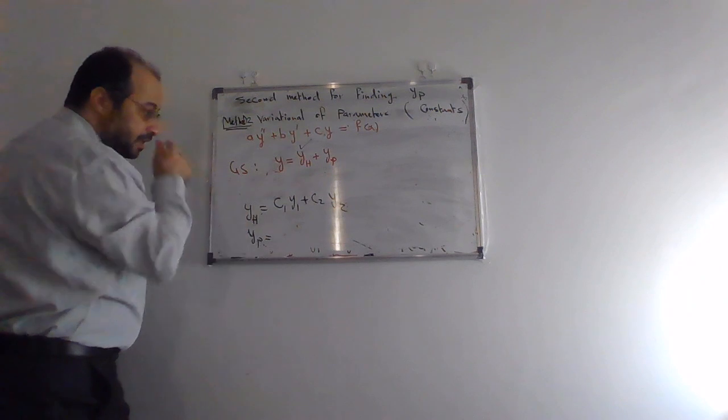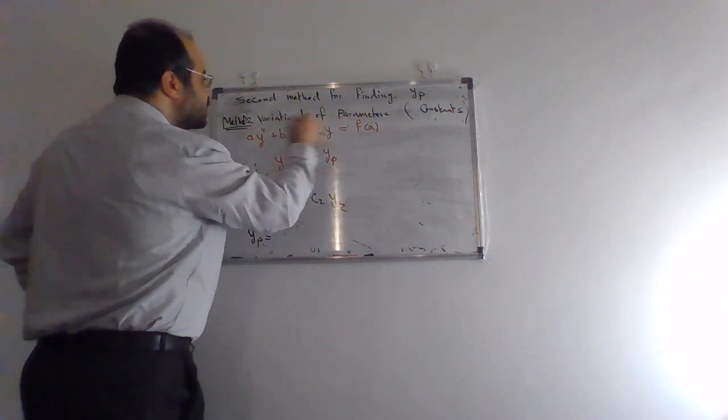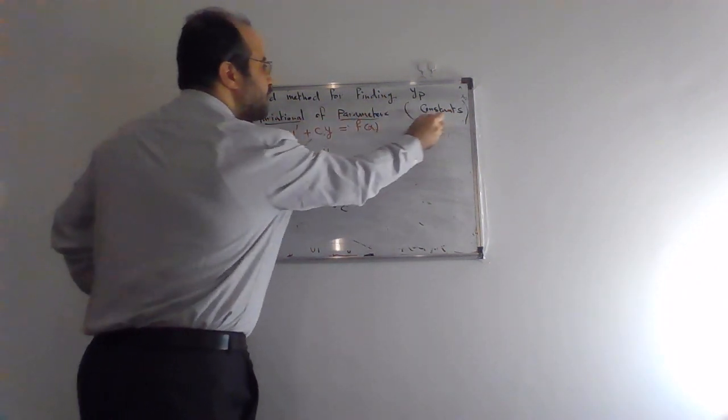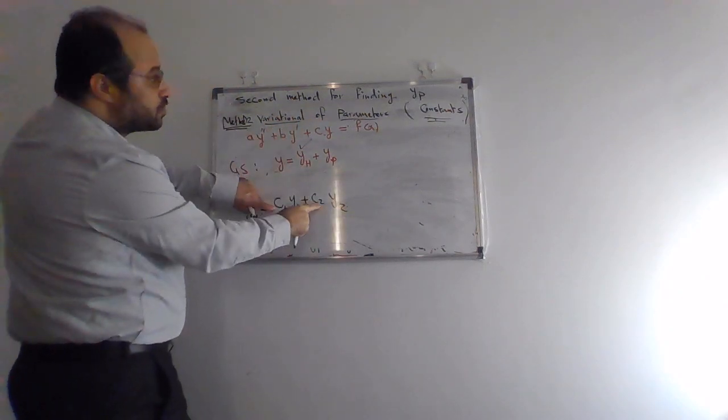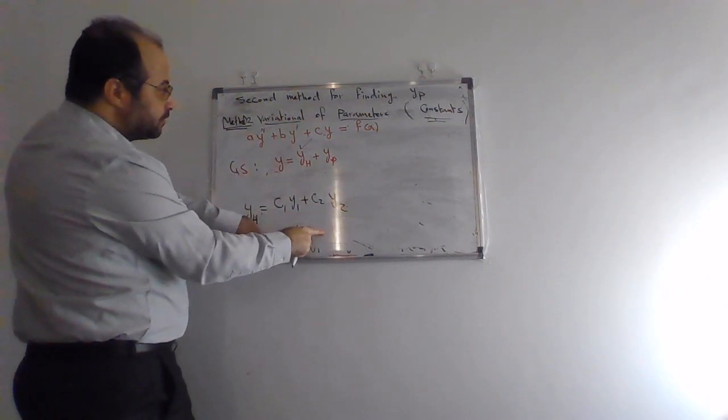Now your y particular is built by variation of parameters, or variation of constants, which means these constants should be changed to variables.